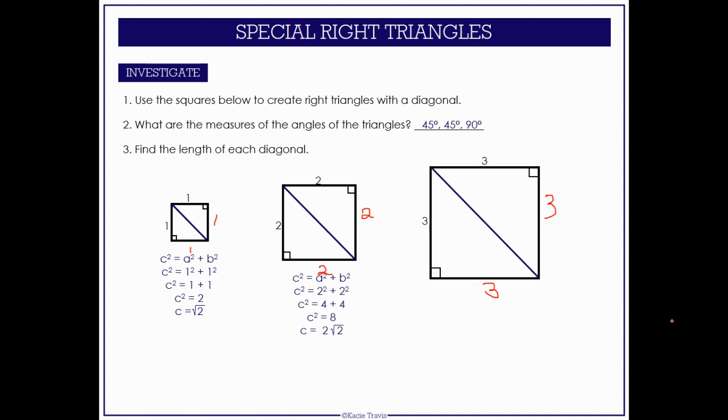All right, let's check the third one. Same stuff's going to be following suit. We got c squared equals a squared plus b squared. Down here we got c squared equals 3 squared plus 3 squared, which is 9 plus 9, which is 18. Taking the square root of that is also not a perfect square, so we simplify, which means that we get 3 times the square root of 2.